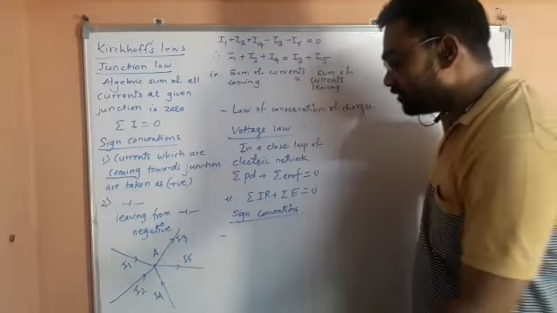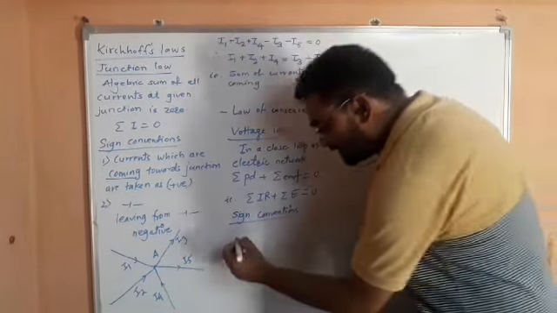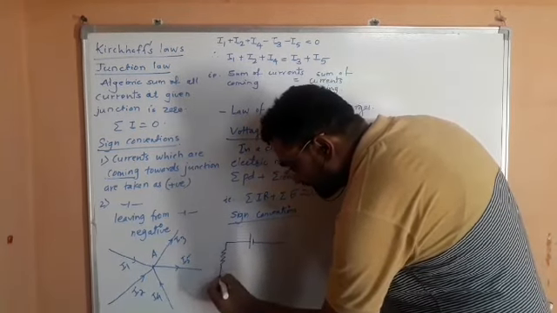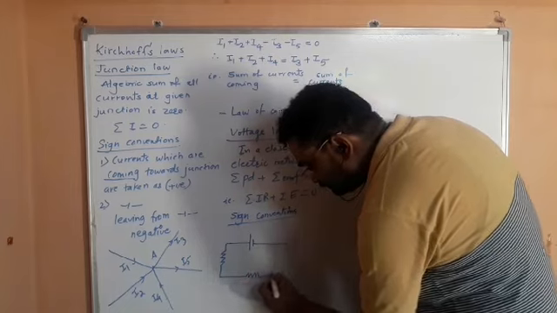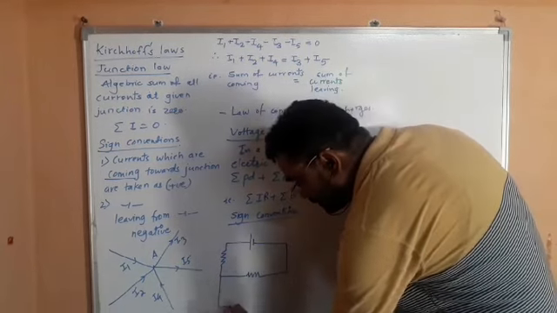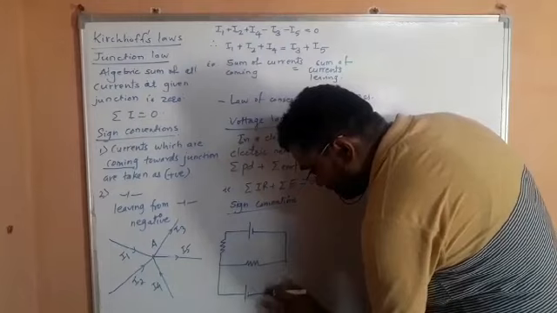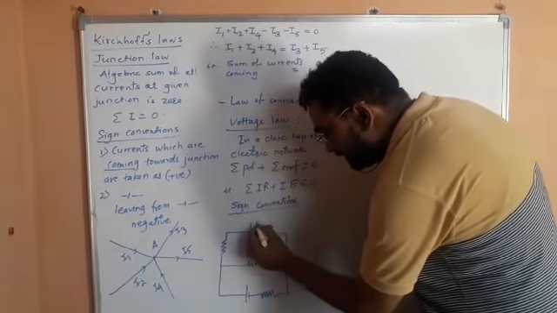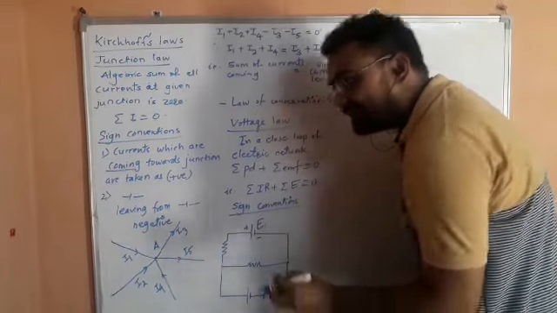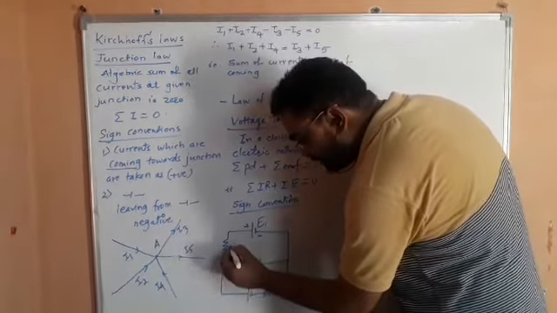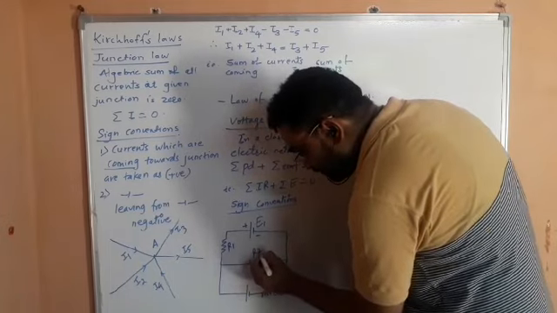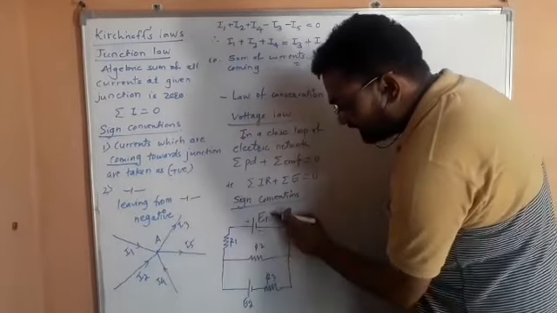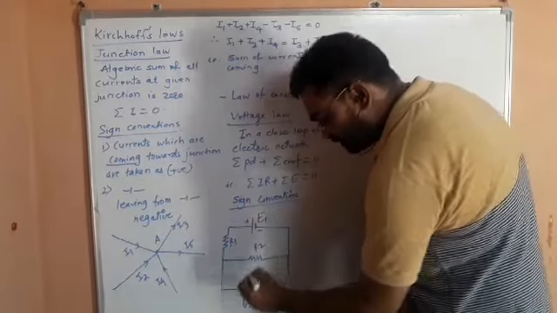To learn the sign convention, consider a simple circuit with 2 cells and a number of resistors connected across it. Let E1 be the EMF of the first cell with internal resistance approximately 0. Let R1, R2, R3 be resistors connected across cells of EMF E1 and E2.